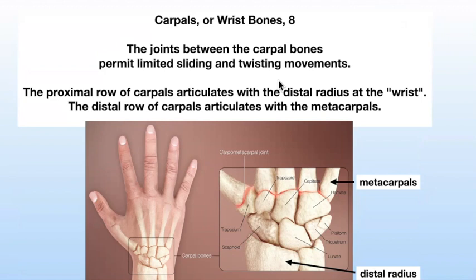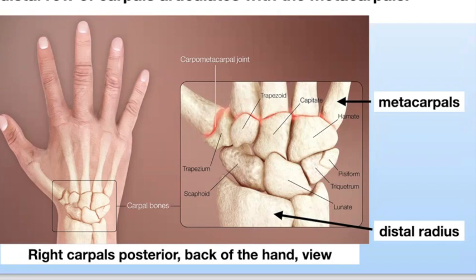The proximal row of carpals articulate with the distal radius at the wrist, we would call it, right? If you consider this the wrist, I consider it the wrist. Right here, right? If you're wearing a wristband, it's here, right? And then the distal row of carpals articulates with the metacarpals. And this picture shows it really nicely.